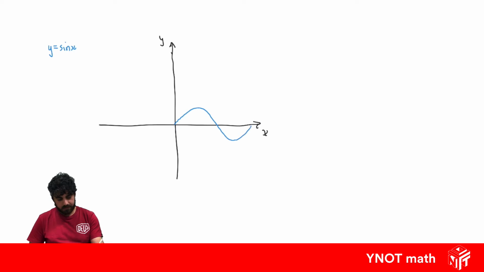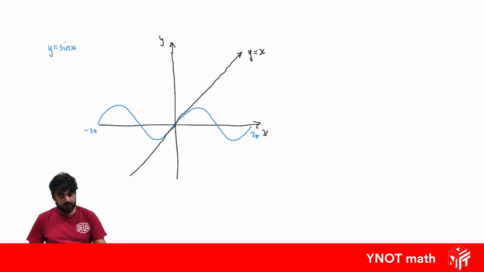We're going to get something like this for y equals sine x from minus 2 pi to 2 pi. And because we're interested in our inverse function, we're going to draw in the line y equals x. And it's going to be something like that.